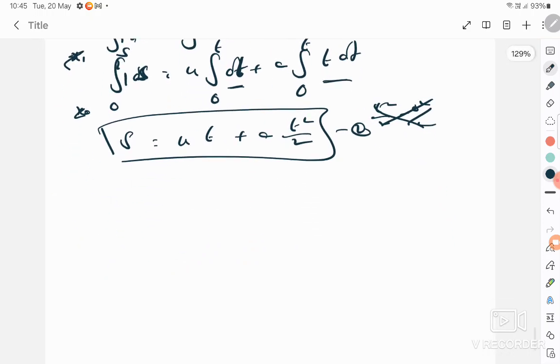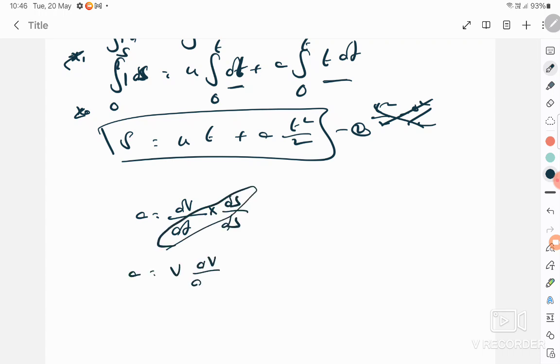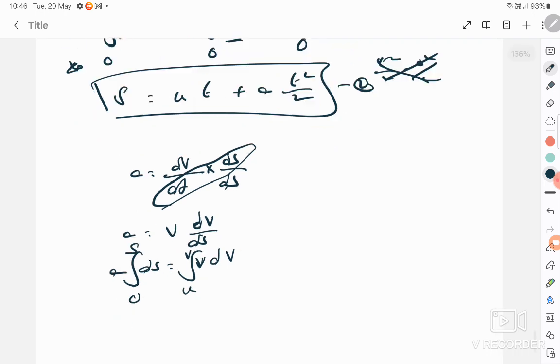The third equation of motion is v square minus u square is equal to 2as. It's a bit complicated. You take a is equal to dv by dt and multiply and divide by ds, and write this as velocity into dv by ds. Now cross multiplying, a into ds is equal to v into dv. You can integrate both sides, because this will be integrated from u to v, this will be integrated from 0 to s.